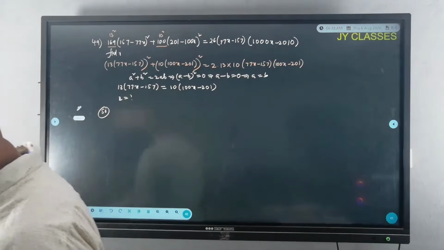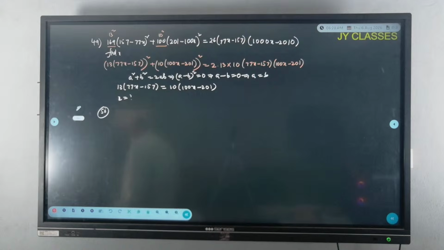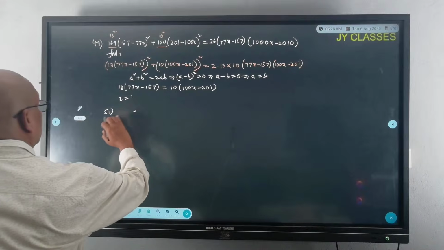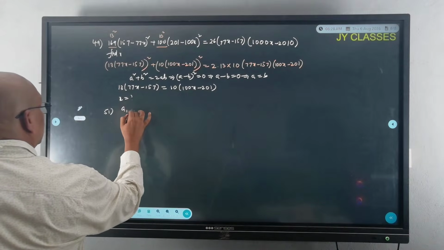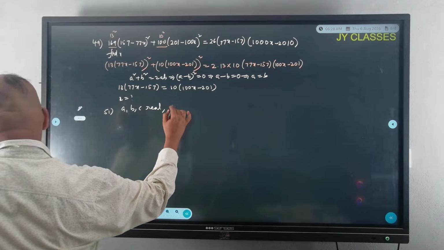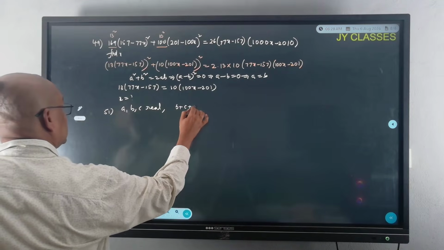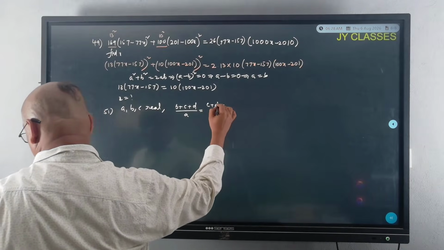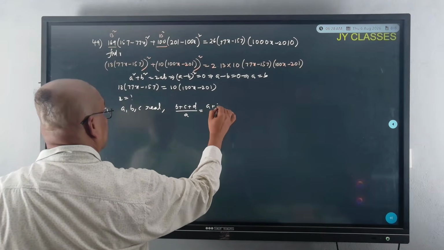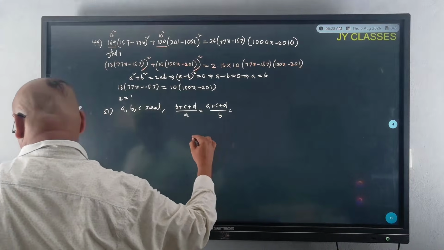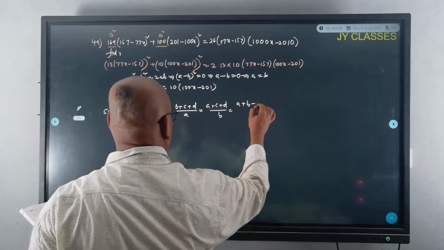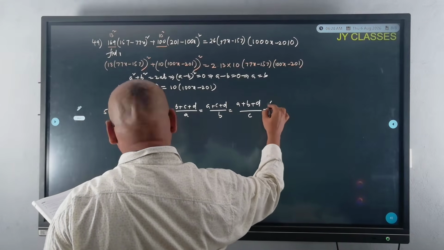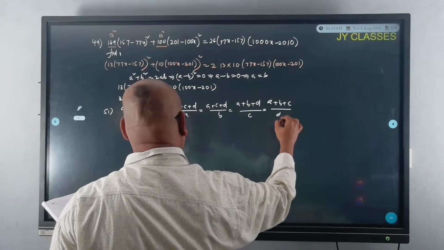Question number 50. Better, 51. a, b, c, d real. (b plus c plus d) by a is equal to (a plus c plus d) by b is equal to (a plus b plus d) by c is equal to (a plus b plus c) by d is equal to r.